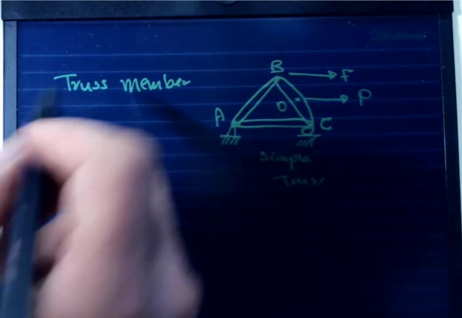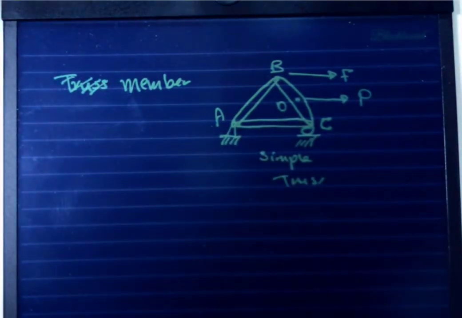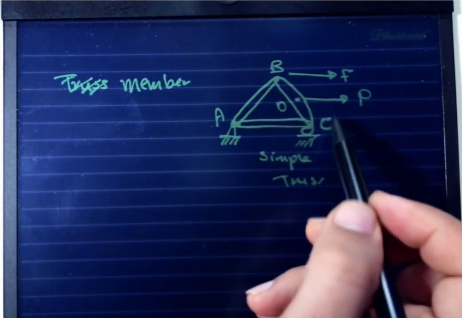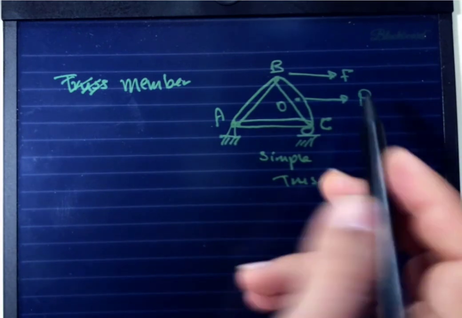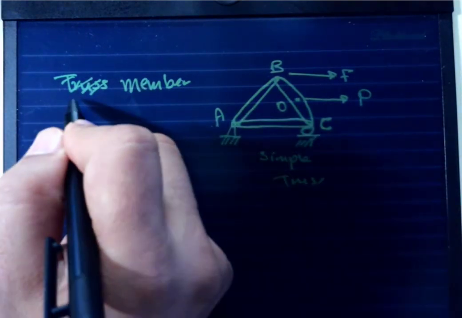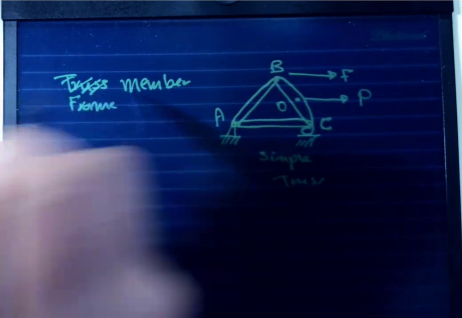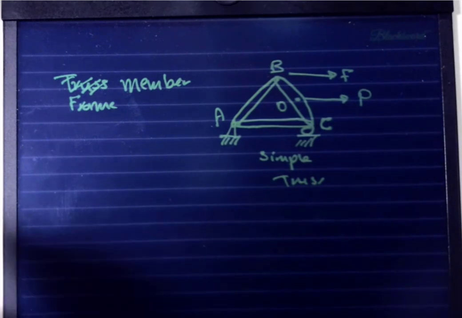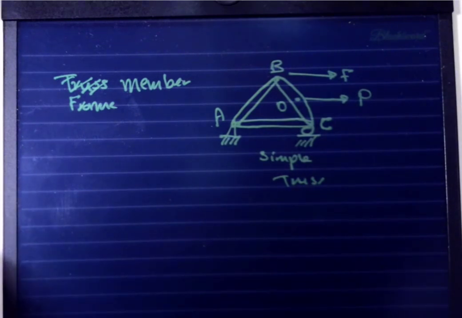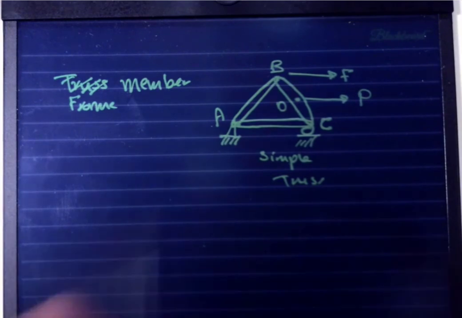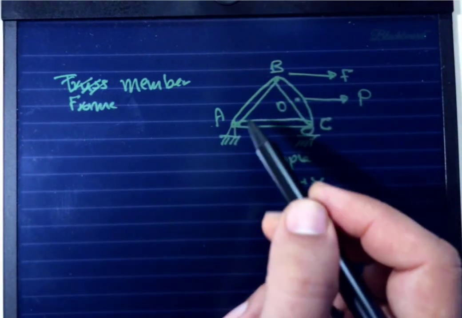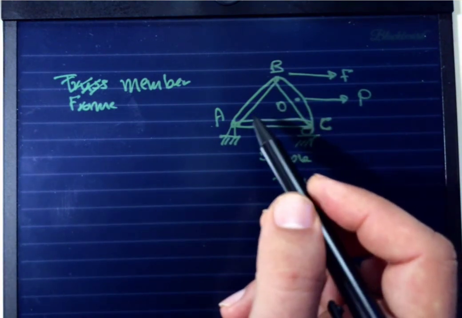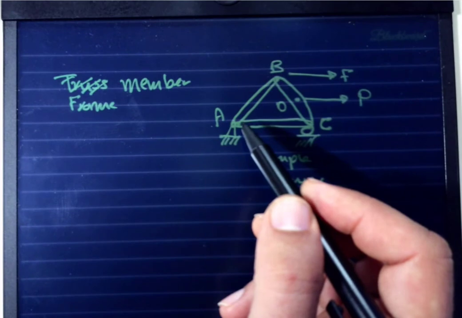However, if you add an external force in between, between C and B or anywhere else, such as external force P, then this becomes a frame member. Now, this frame member needs a little bit more work. The difference in terms of the calculation is that in the simple truss system, the truss members are undergoing either tension or compression, so we know their direction, we don't know their magnitude.